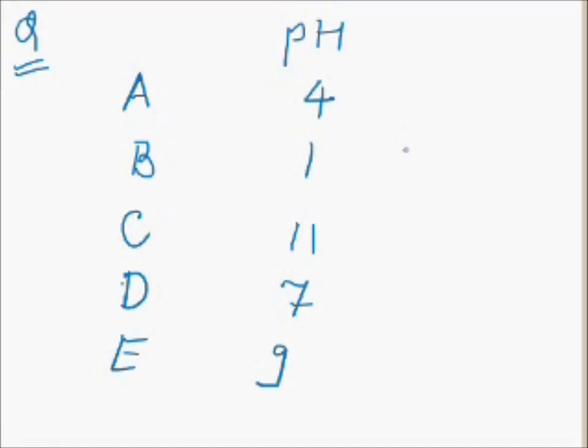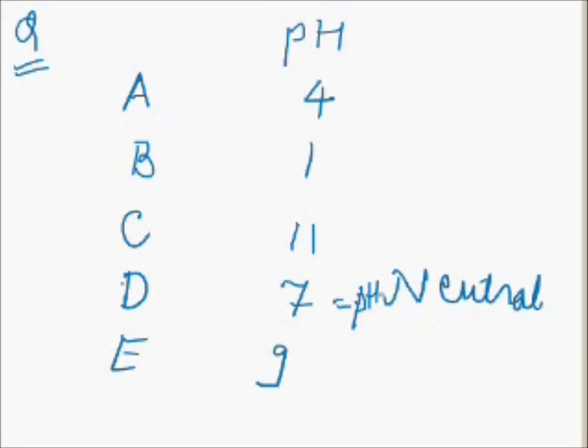So the question says which solution is neutral? Solution D is neutral because pH is equal to 7. So this is the reason why solution D is neutral.